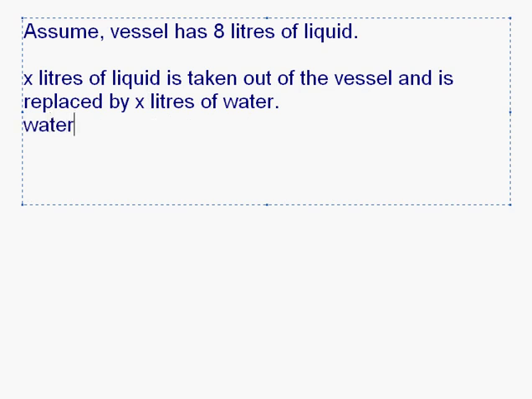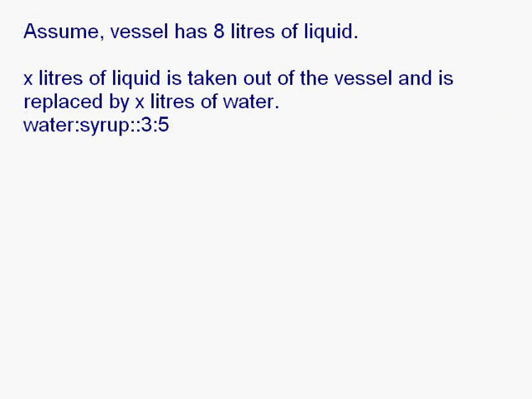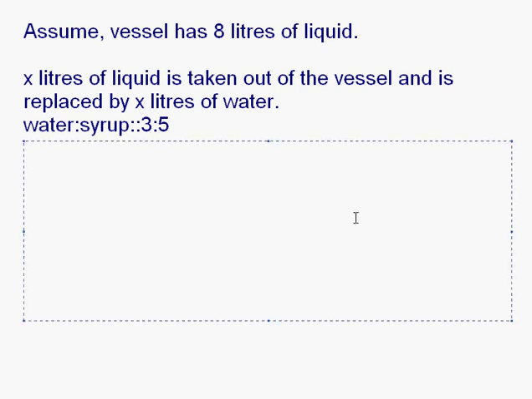So water is to syrup 3:5. Now when we are taking something out from the vessel, it will affect both water as well as syrup, right? So we'll see the effect on water because of the taken out mixture and the added mixture.